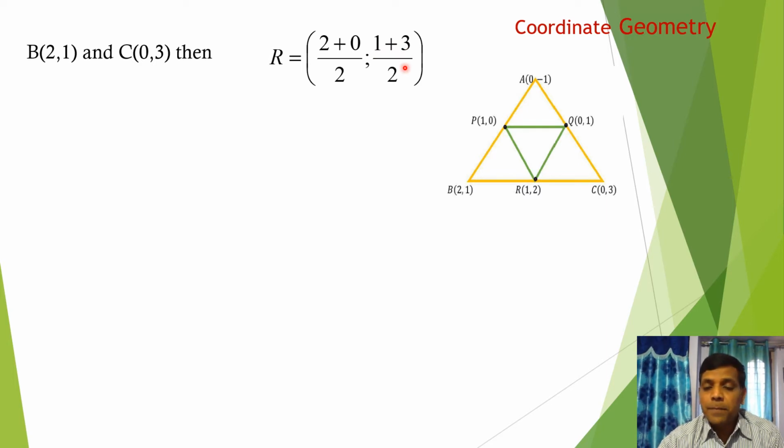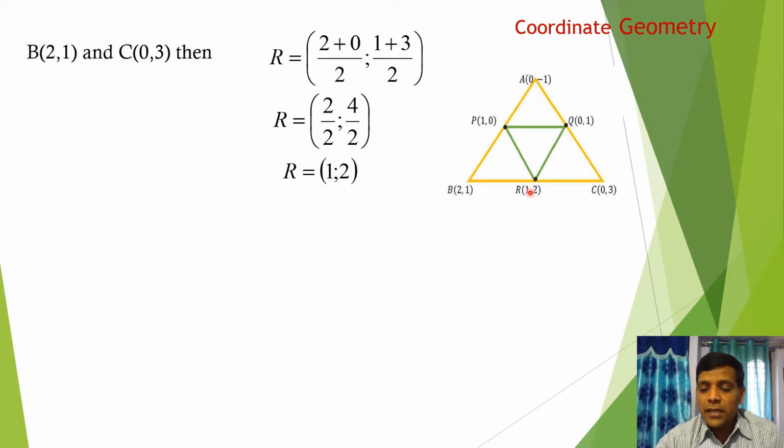R equals (2/2, 4/2). Now cancelling, what are the coordinates of R? R equals (1, 2). Here R is the midpoint of BC.